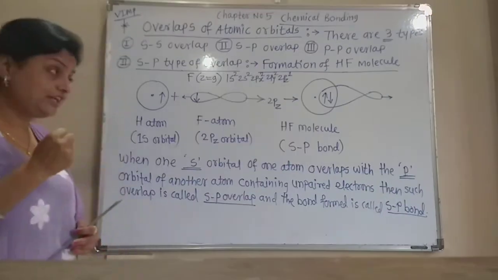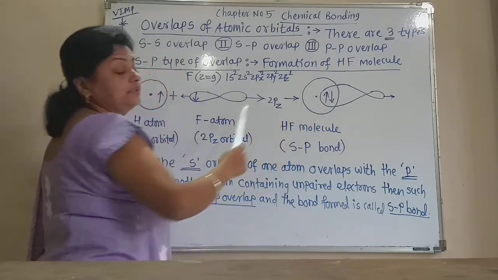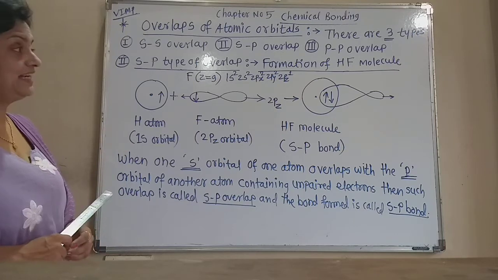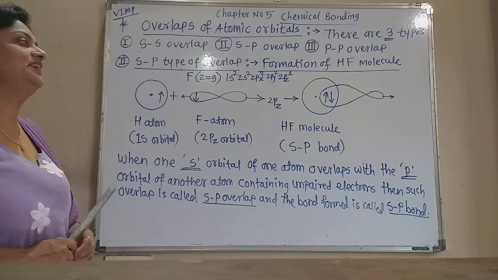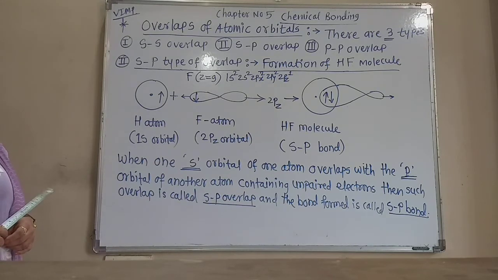Why does it shrink? Because the electron density is concentrated in the overlapping region, so the other lobe shrinks slightly, and in this way the sp bond formation takes place. The best example is the formation of HF molecule.